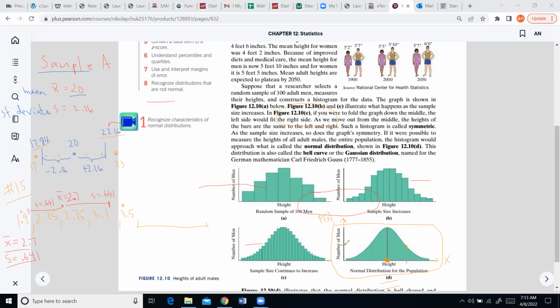So that's interesting to realize, normal distribution. And of course, when we're talking about normal distribution, it means how the entire population is distributed, all people on the planet Earth.